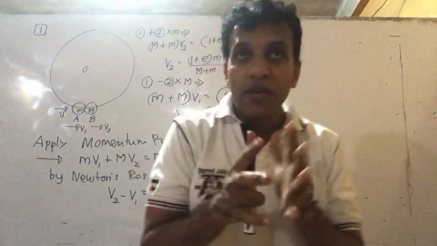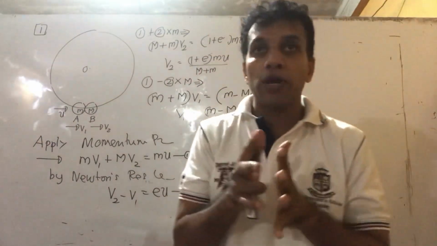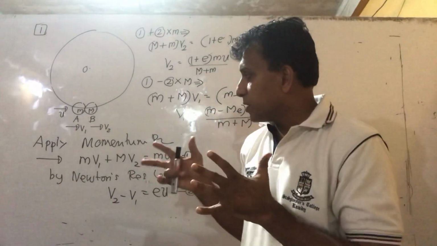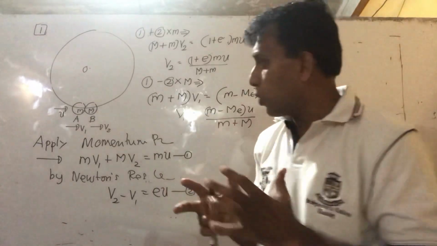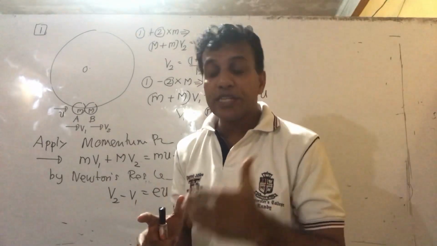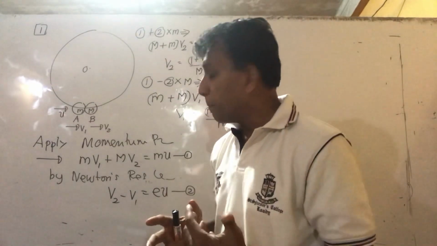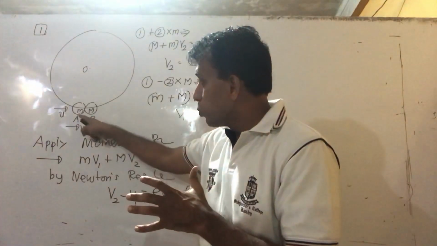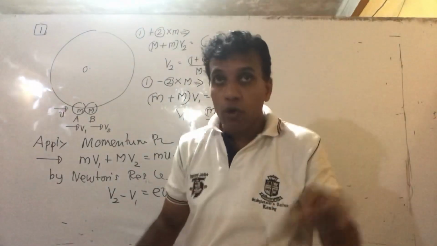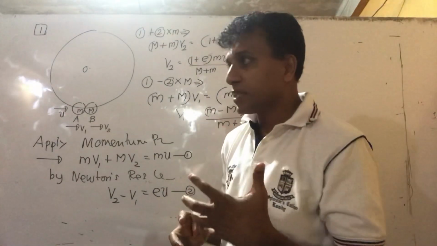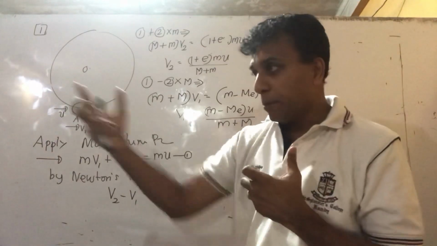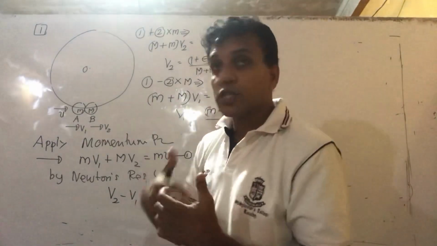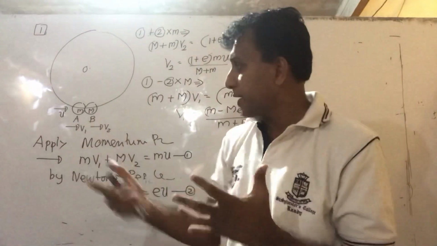We find the velocity of B relative to A, because A moves somewhere here and B comes and collides with A. According to me, A, B comes and hits me.